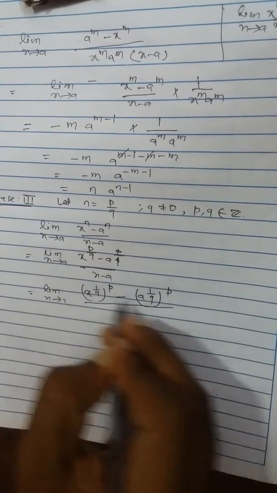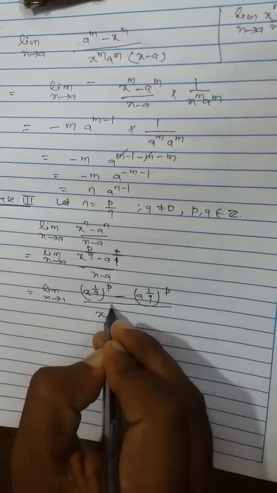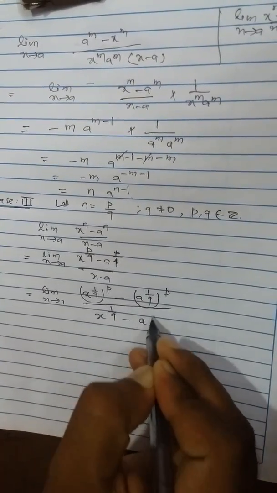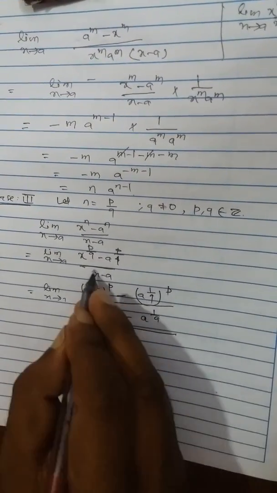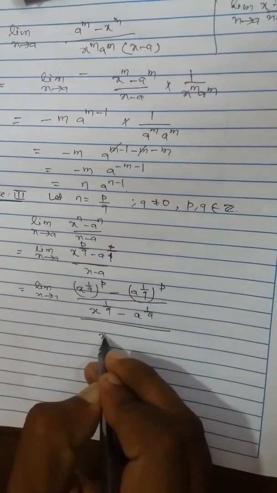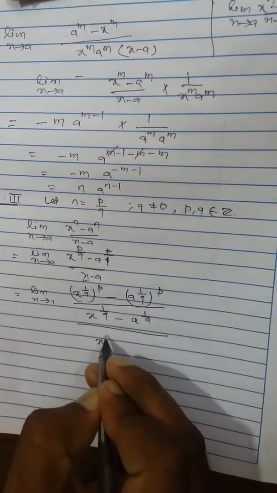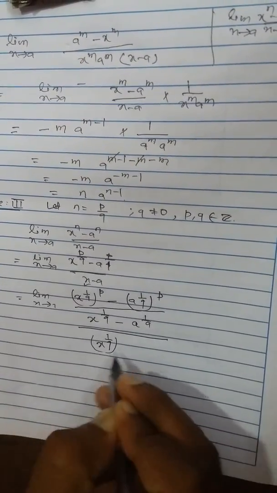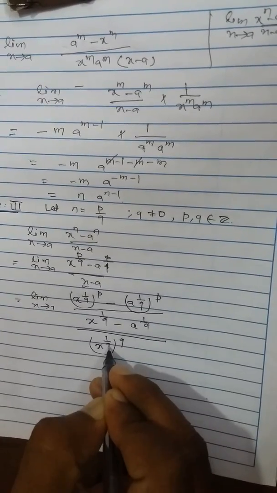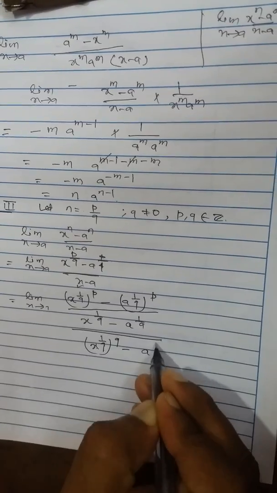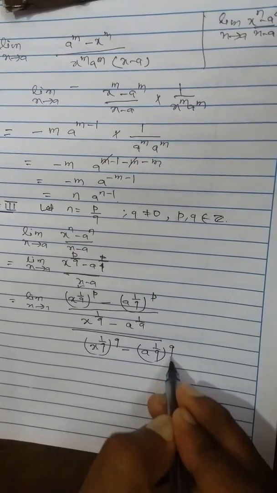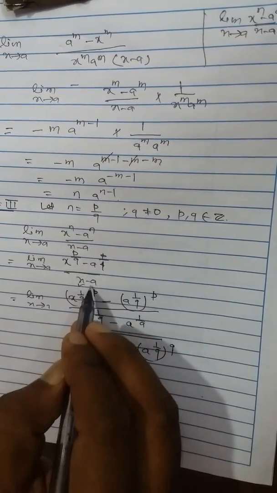I am going to divide this result by x to the power 1 upon q minus a to the power 1 upon q. Here the denominator is x minus a. This x can be written as x to the power 1 upon q, the whole to the power q. Can you? Because q and q cancel and you are left with x. And even a can be written as a to the power 1 upon q, the whole to the power q. Again q and q cancel and you are left with a.